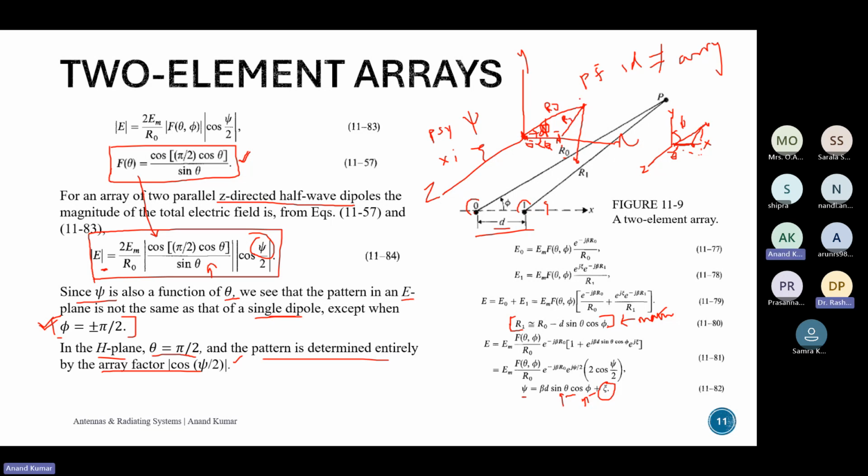So we have some R0 and R1, and this particular point P is not in the XY plane; it is somewhere in XYZ space. So we have some theta and phi angle which we make to reach this particular point P, but we have this d which is along the XY plane.